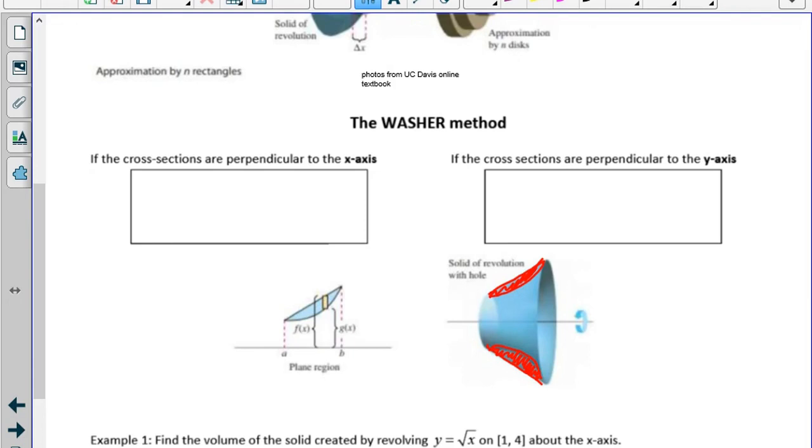And when we get to problems 4 and 5, and actually problem 3, we will be able to see things with washers.